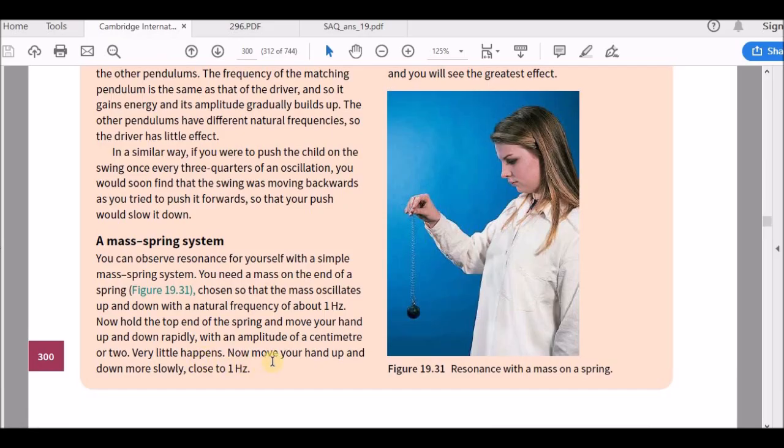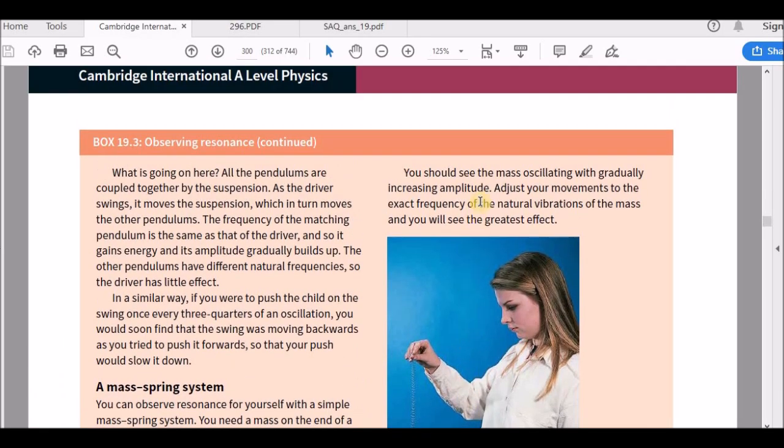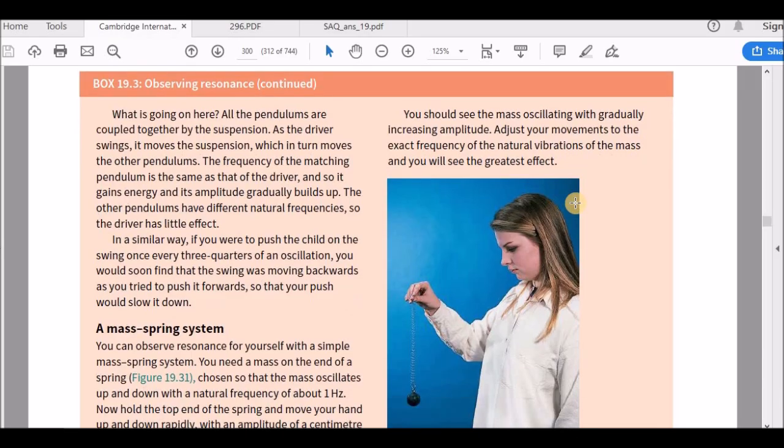Very little happens. Now move your hand up and down more slowly, close to 1 Hz. You should see the mass oscillating with gradually increasing amplitude. Adjust your movement to the exact frequency of the natural vibrations of the mass, and you will see the greatest amplitude.